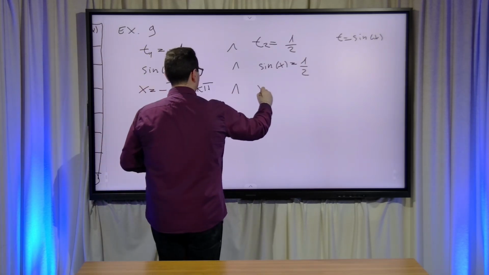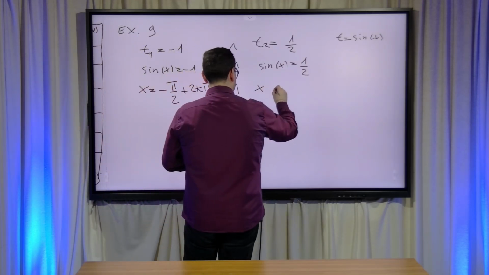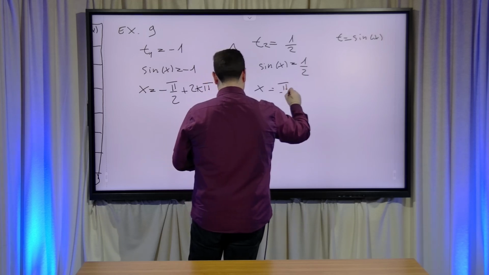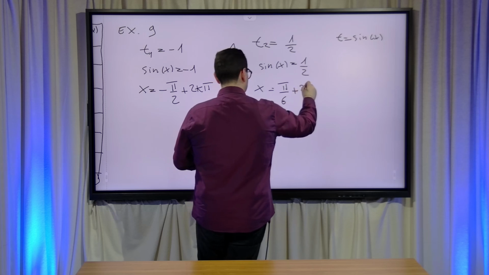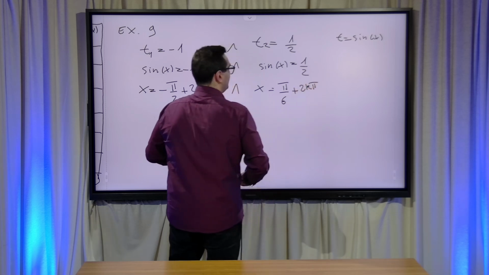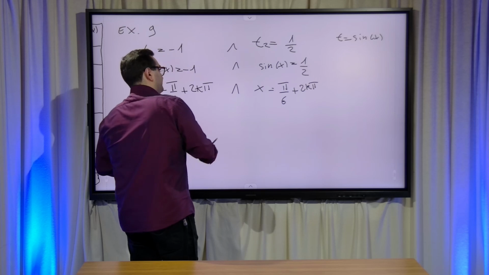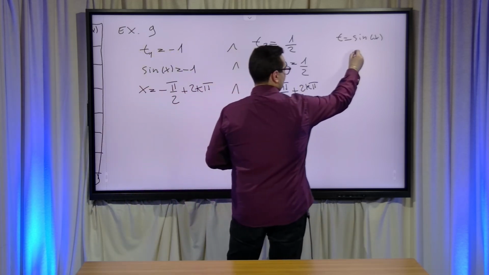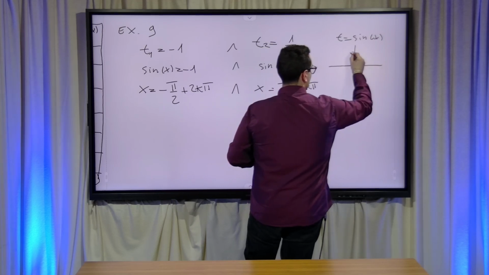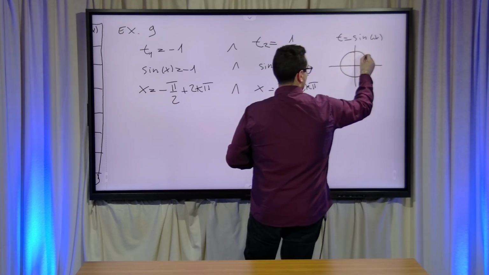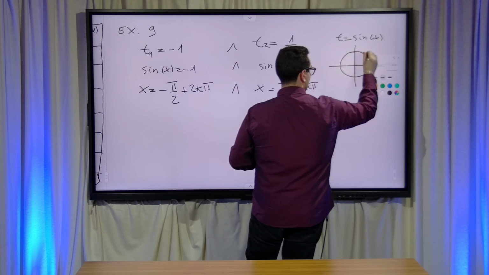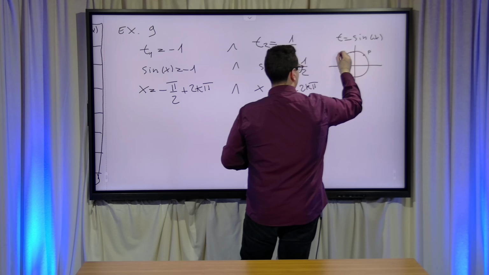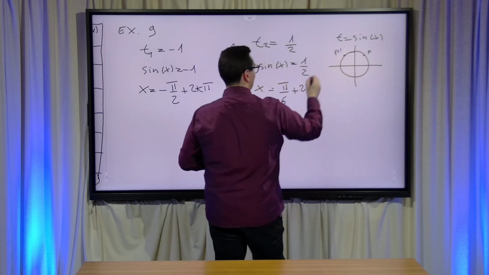And I write it, x is equal to pi over 6 plus 2k pi. But I have not finished yet, because I have to consider also, let's recall it here, that the sine of x is equal also to the sine of pi minus x.